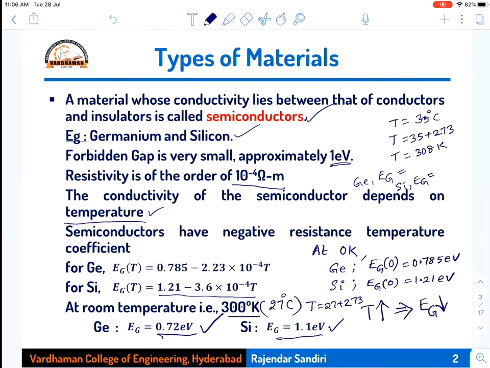I think you have understood the question. You can just calculate using that formula. For germanium and silicon, just write down in the chat box how much germanium is and how much silicon is.